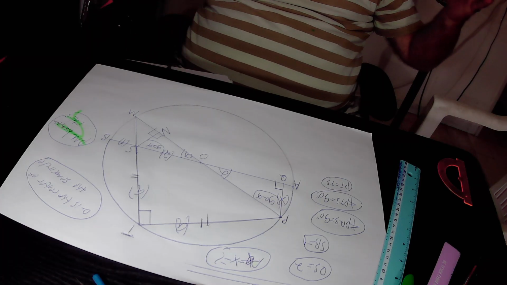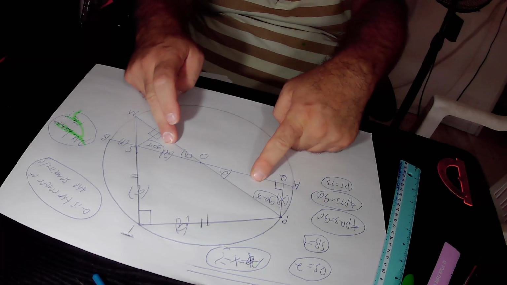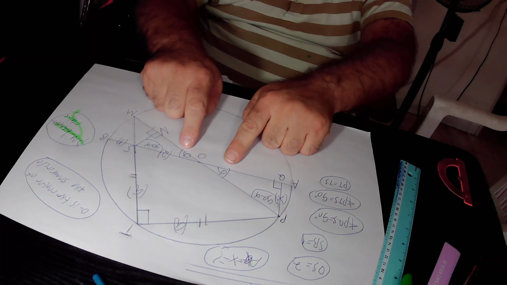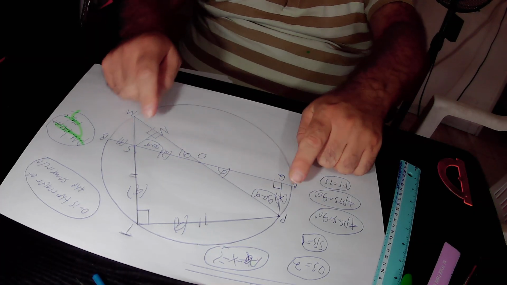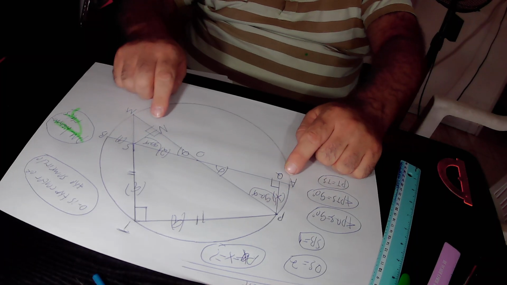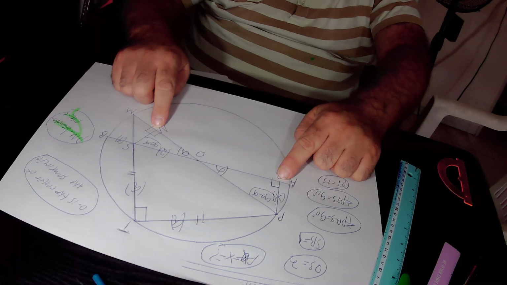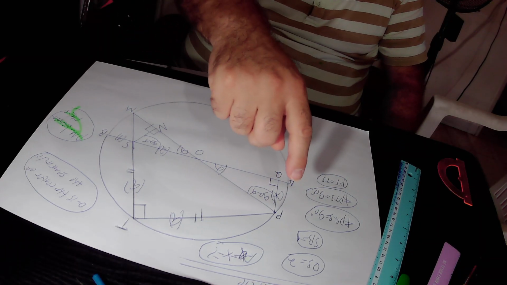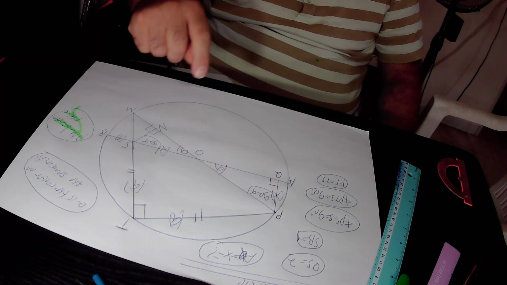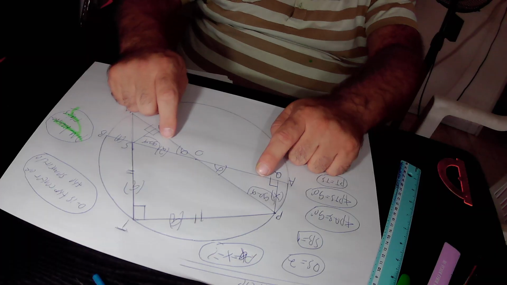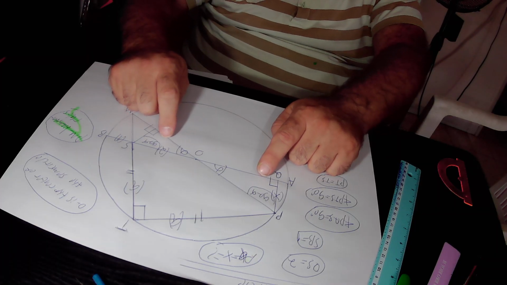I will explain anyway why those two right triangles are similar to each other. First of all, those two angles are both equal to alpha, therefore they are equal to each other. In addition, those two angles are both equal to 90 degrees minus alpha, therefore they are equal to each other. And finally, those two angles are both equal to 90 degrees, and therefore they are equal to each other. So you prove that all the angles of this right triangle PQO are correspondingly equal to all the angles of this right triangle NOS, and therefore those two right triangles are similar to each other according to the angle similarity rule.